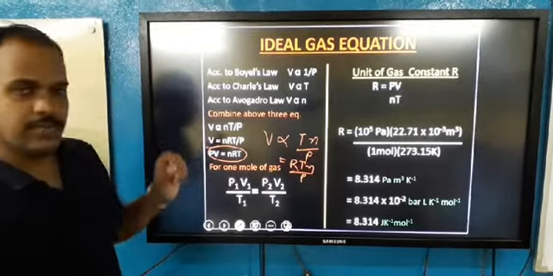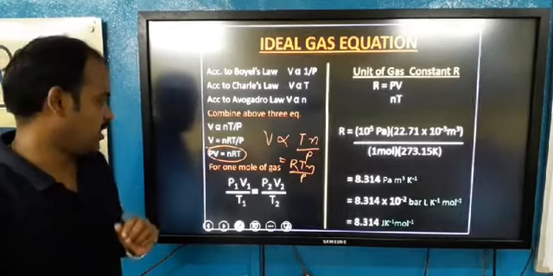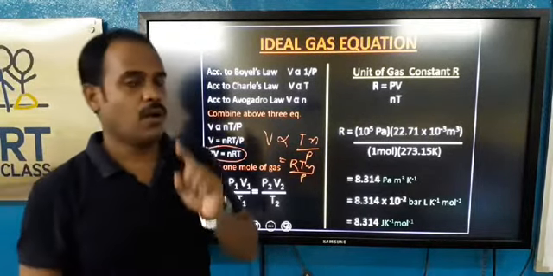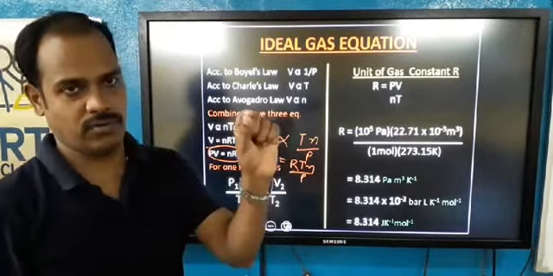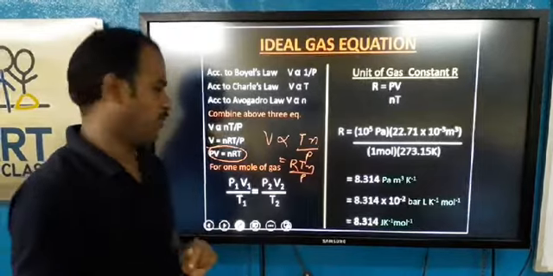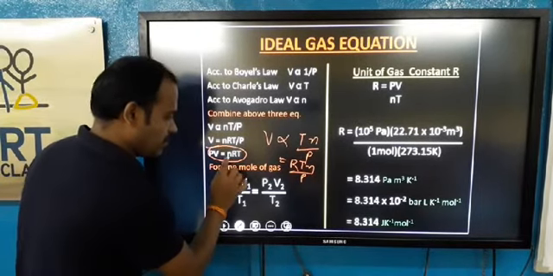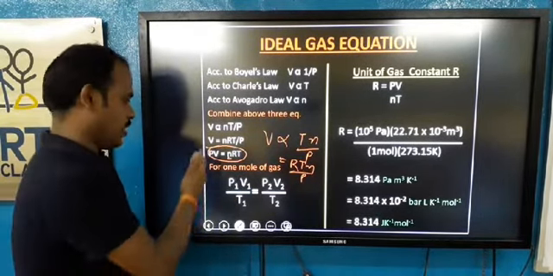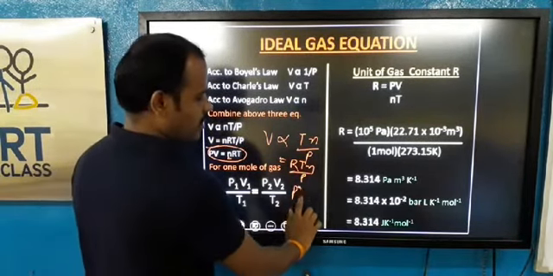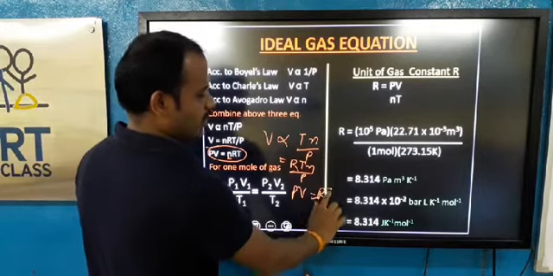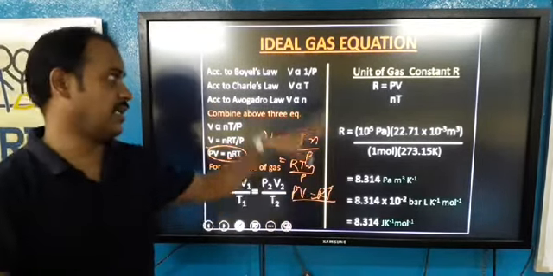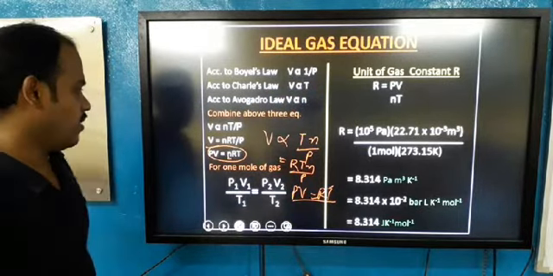In the exam there is a question: write the ideal gas equation for 1 mole of gas. Note it down. Here 1 mole of gas means n is equal to 1, so the equation will be PV equals RT. This is the ideal gas equation for 1 mole of gas.